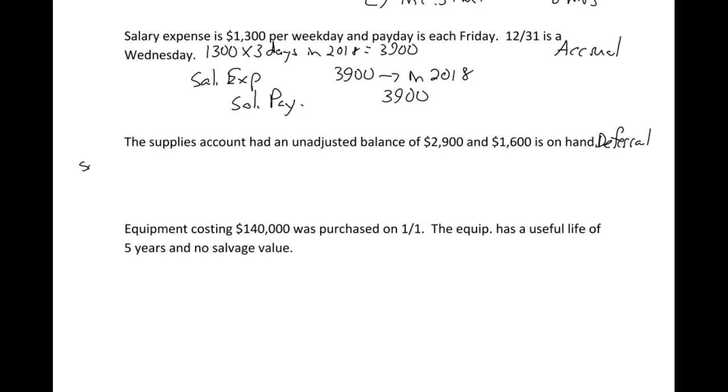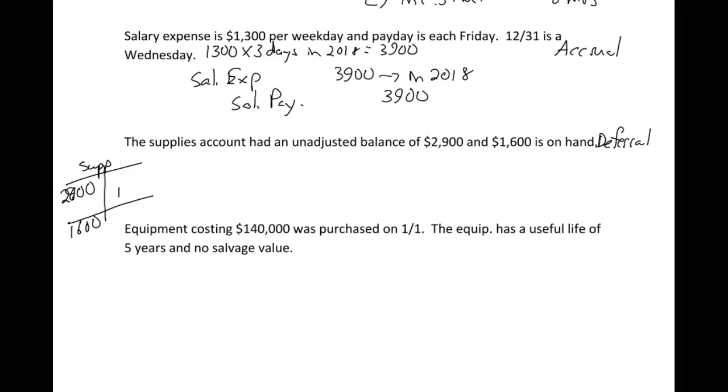All right, so what that means is, let's just sketch out a T account here. The unadjusted balance, so it's a debit. It's a debit balance because it's an asset. Is $2,900. And the ending balance is $1,600. All right, so notice I knew to put both of those as debits because it's an asset account. All right, so what we're saying is we start with $2,900 and we only have $1,600 left.